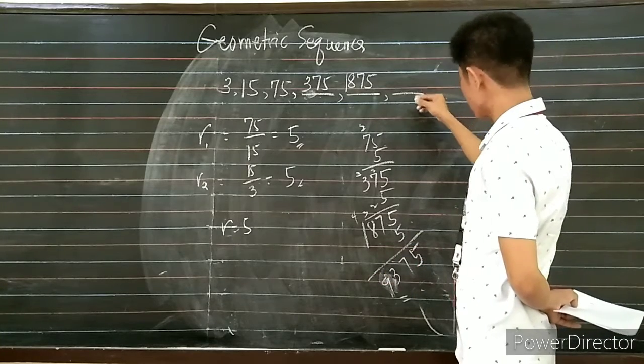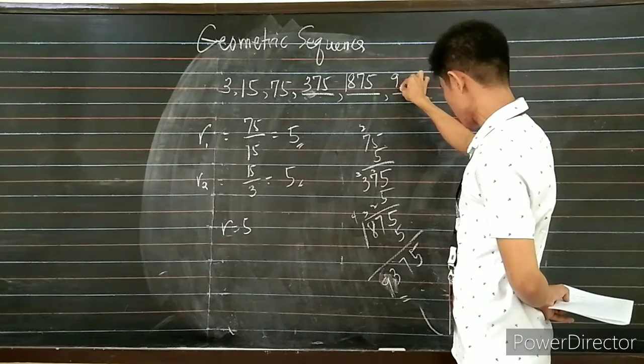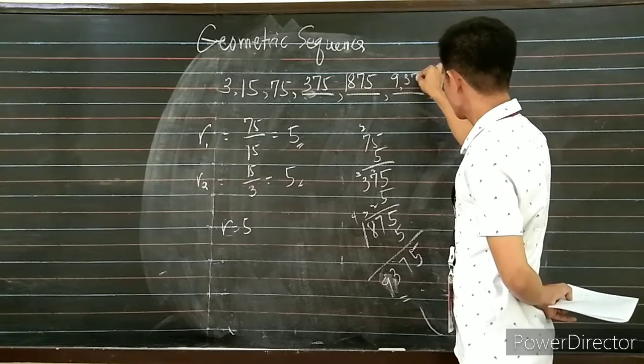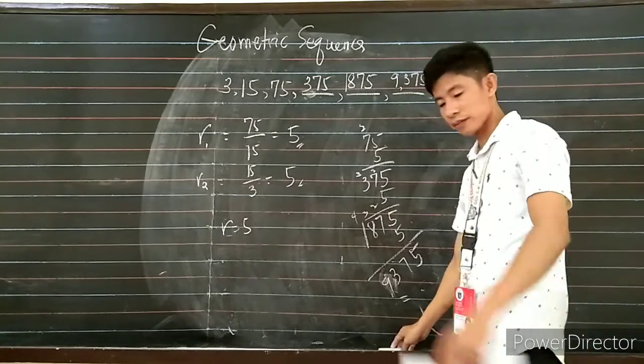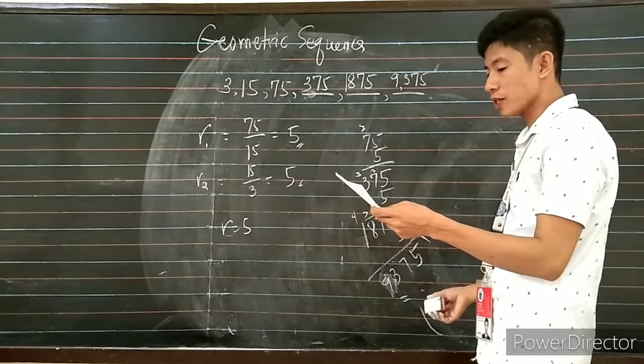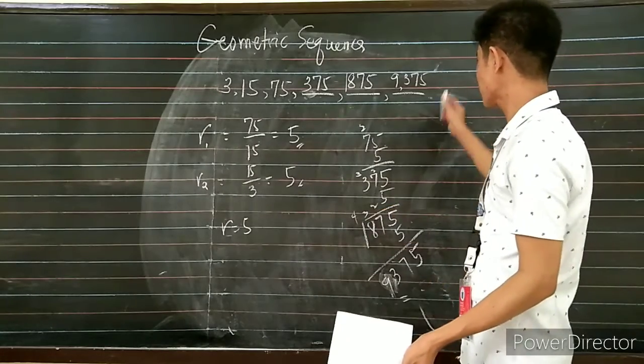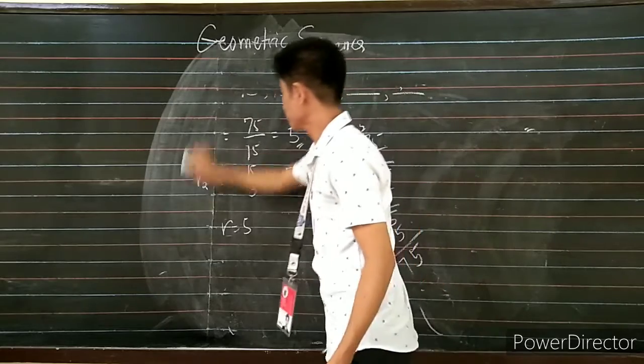So the next term is 9,375. Okay, let's proceed with our next problem.